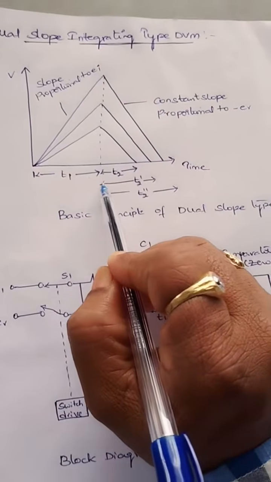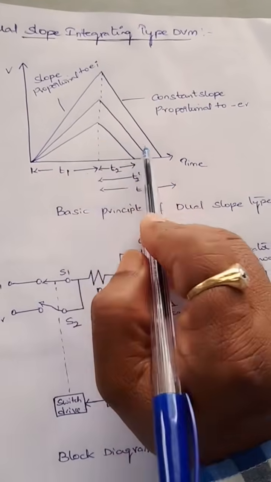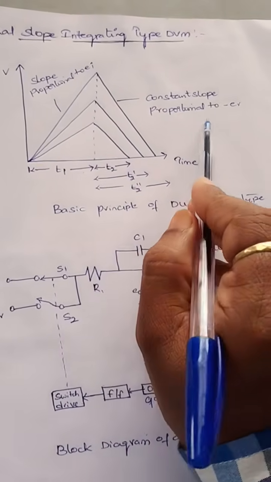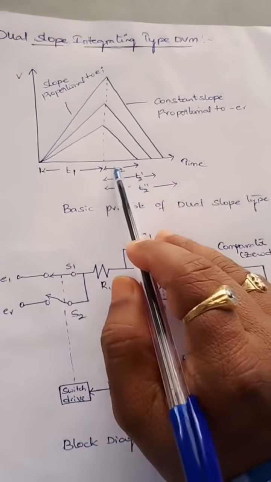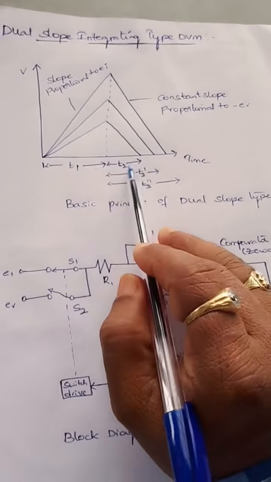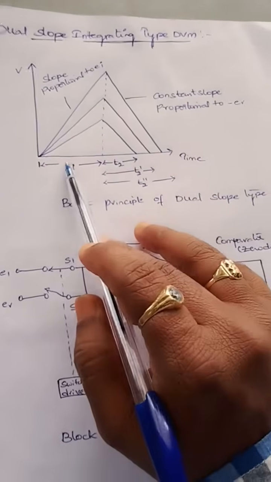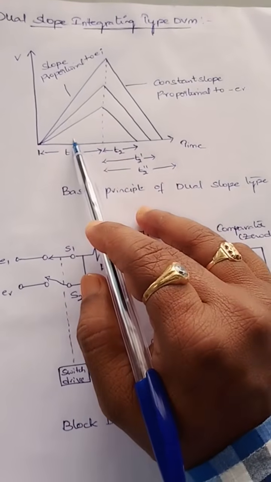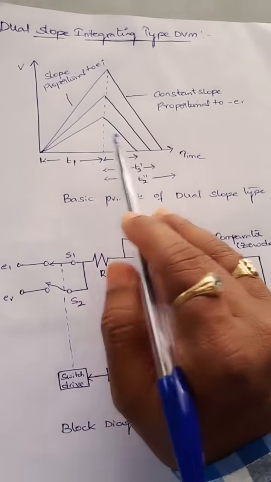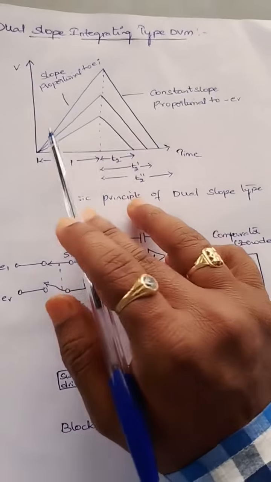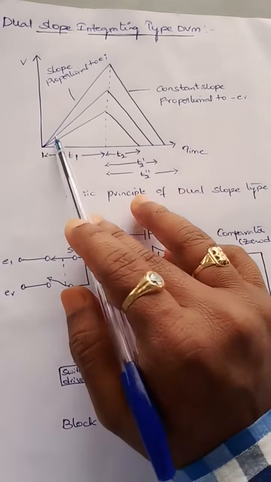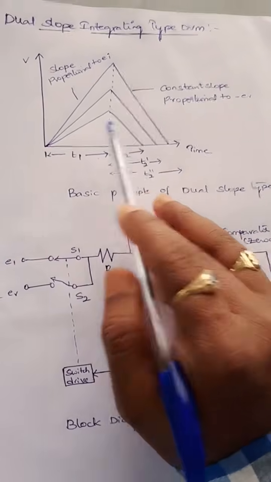After T1 we get another slope, called a negative slope, produced due to the negative voltage, minus ER, and the time period is taken as T2. During T1 the capacitor in the circuit gets charged and during T2 the capacitor gets discharged, producing the dual slope. Due to these dual slopes the averaged noise can be eliminated, I mean the noises produced in ramp type can be eliminated.